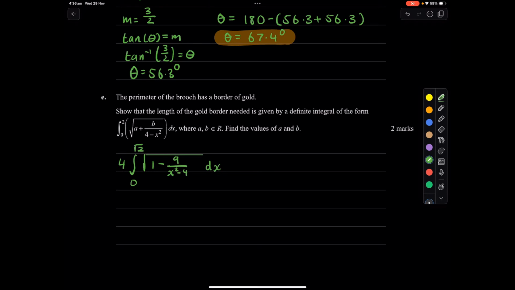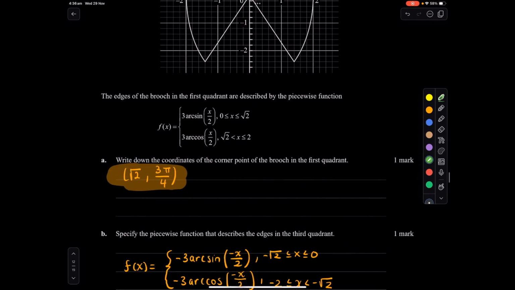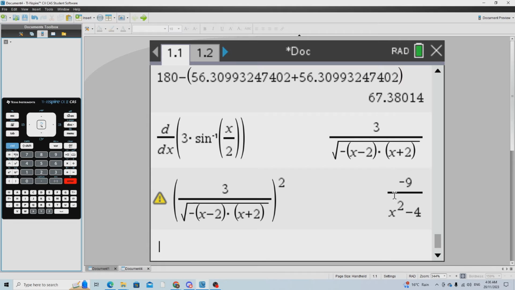And actually, why don't we just multiply? Multiply by 4. Plus 4 times, now from root 2 to 2, again, it's 1 plus f dash of x, which in this case, f dash of x would be through our cos. So let's redo our calculator.